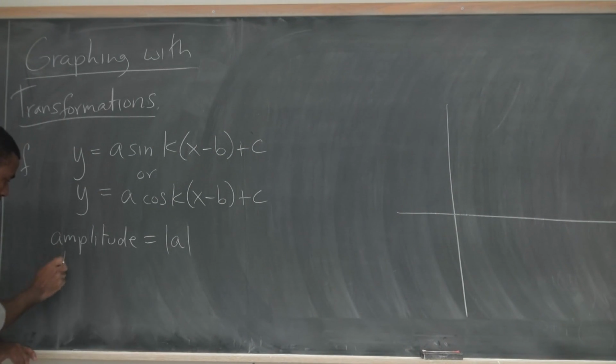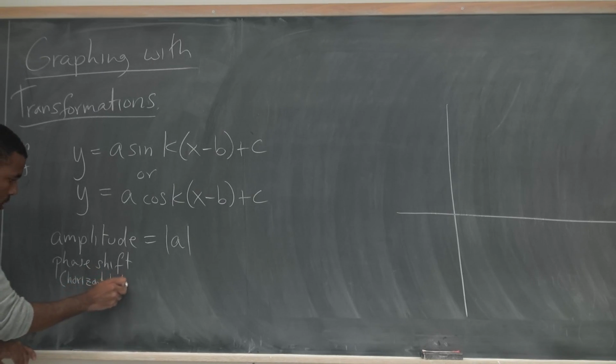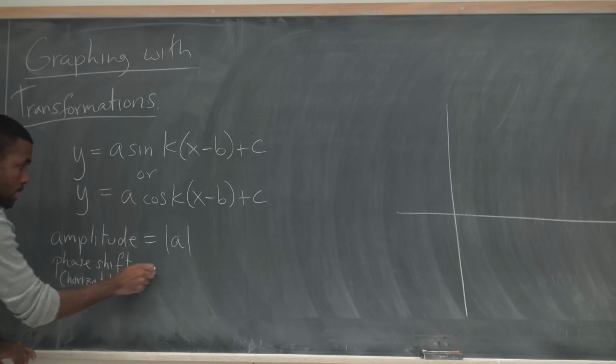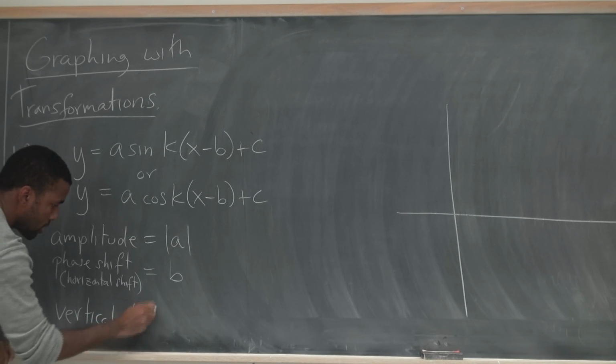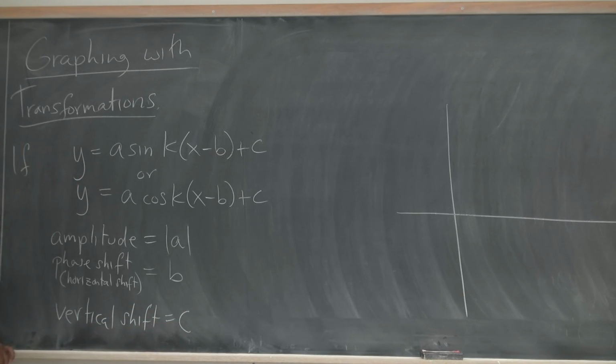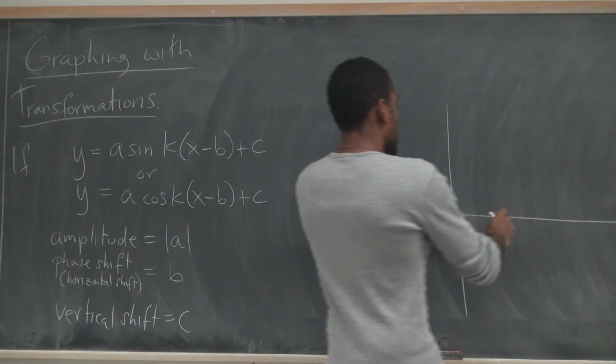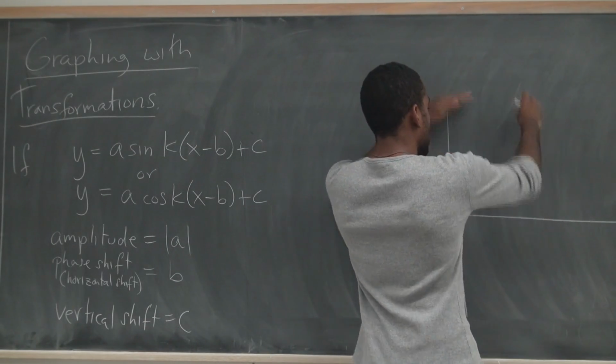There's something called the phase shift, which is a fancy name for the horizontal shift. That's b. There's also the vertical shift, which is c.